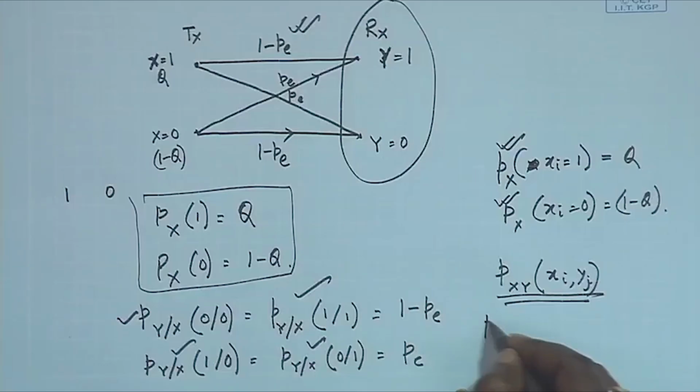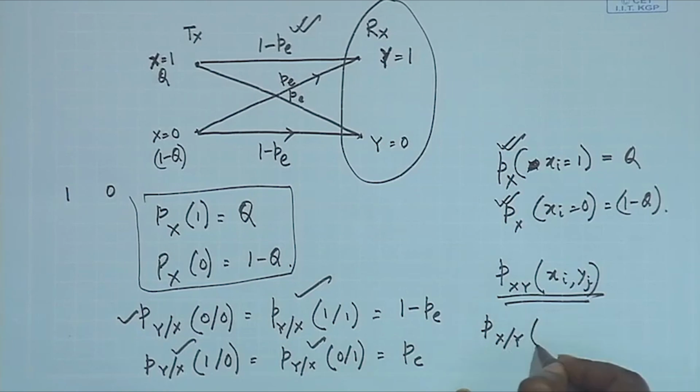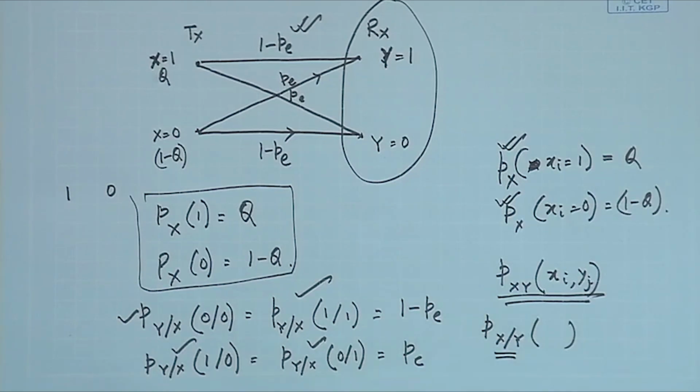And you will be asking why I need the reverse thing, that means P of x given y, with some values. Why do I need this? In detection, what you are mostly interested in is that at the receiver I detect something. After doing all those things I see, okay, this is 1 or 0, and finally I take that.